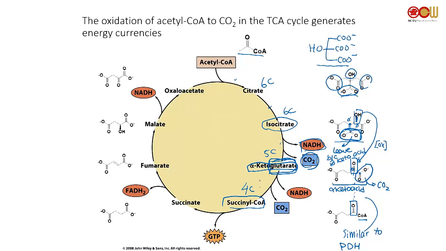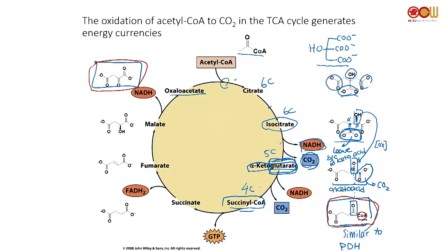Now, the next thing that you have to do is somehow regenerate the precursor for this step, and that is going to be oxaloacetate. So you have to somehow convert succinyl-CoA that looks like that into that. If you compare these two structures, what changed?